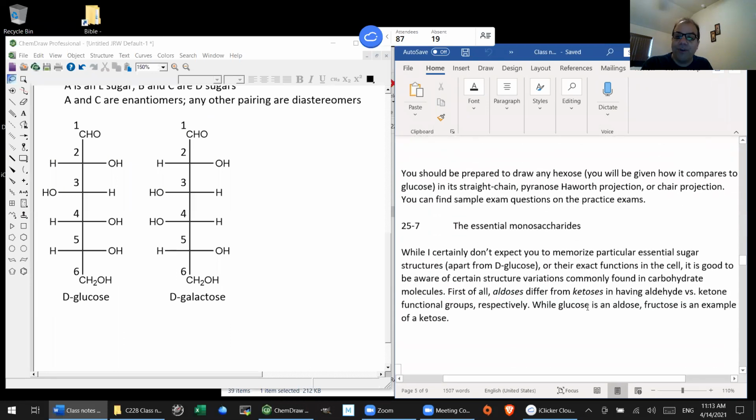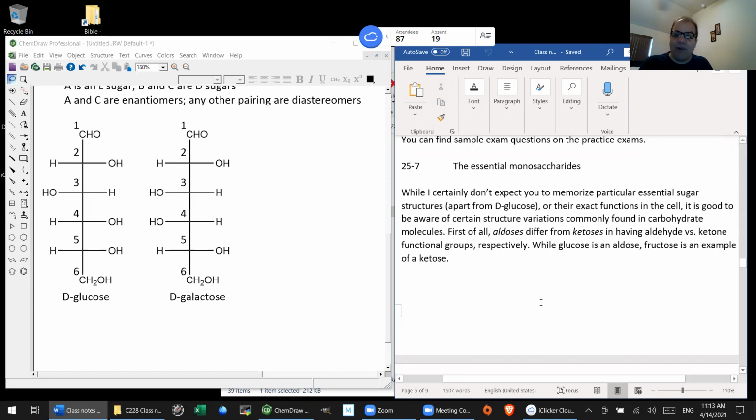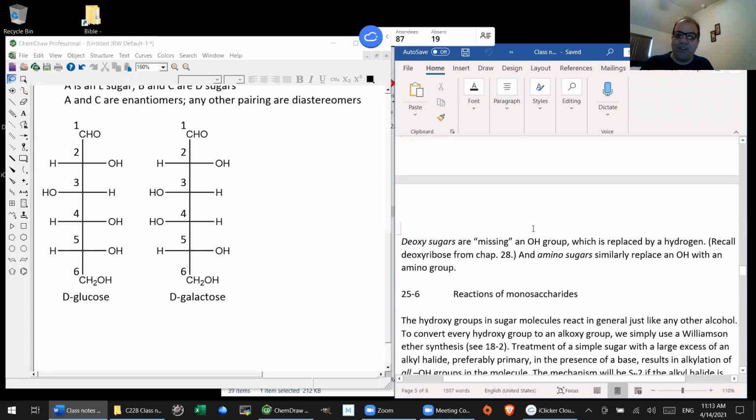Good, so I think that's basically it for D-glucose. We've already gone over aldoses and ketoses. There are also such things as deoxy sugars, which we actually met earlier when we did the chapter on nucleic acids, which I think is 28.